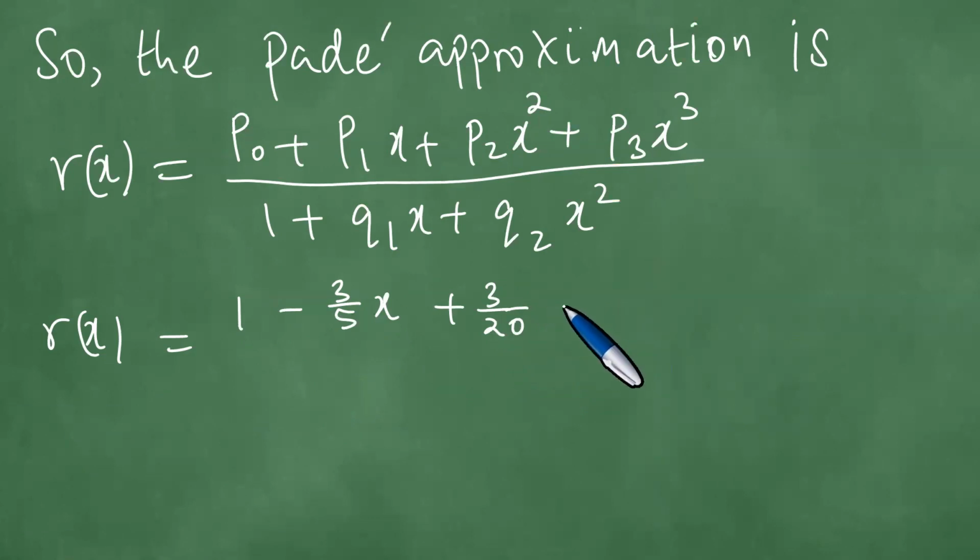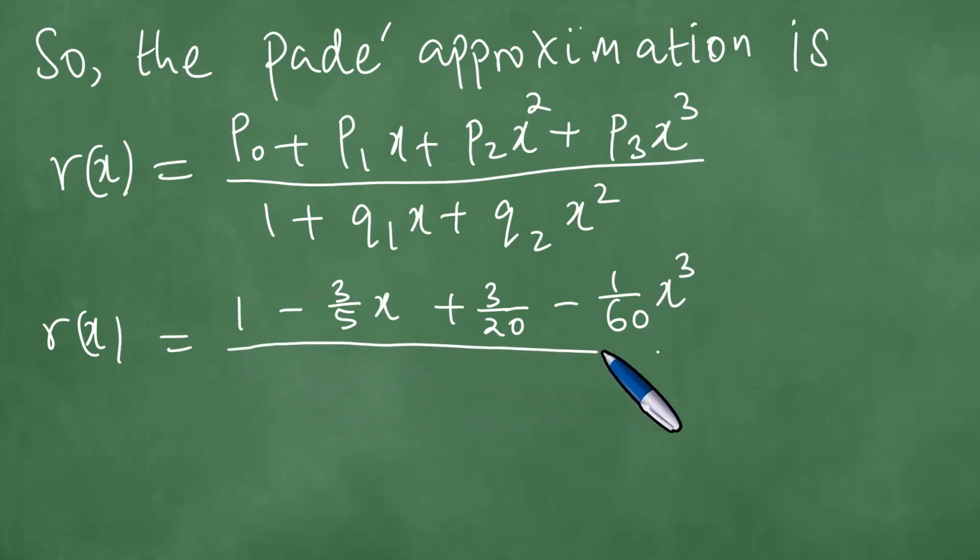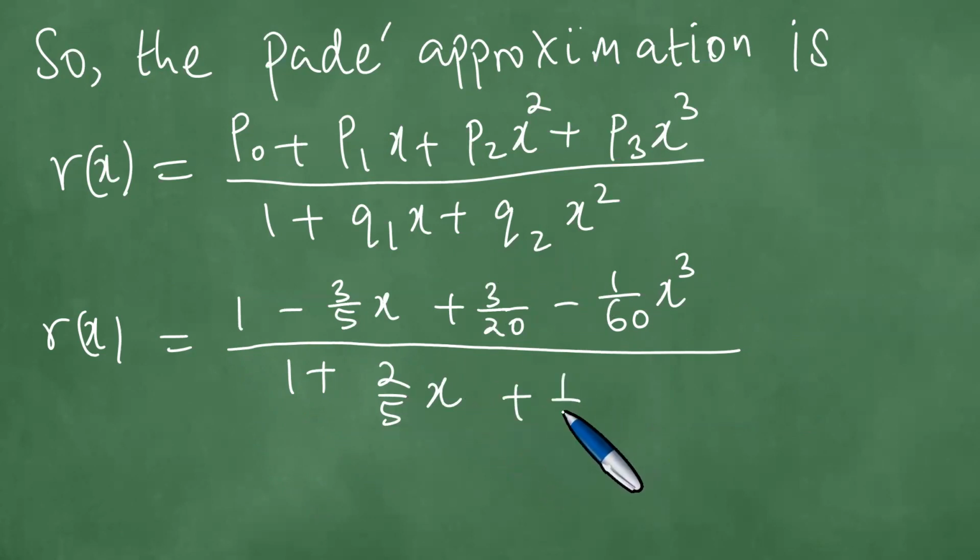P3 minus 1 out of 60, x cubed. 1 plus Q1, we got 2 out of 5, x. For Q2, we got it to be 1 out of 20, x squared.